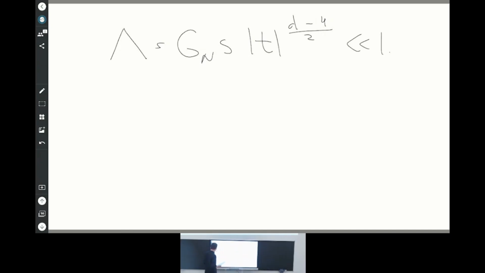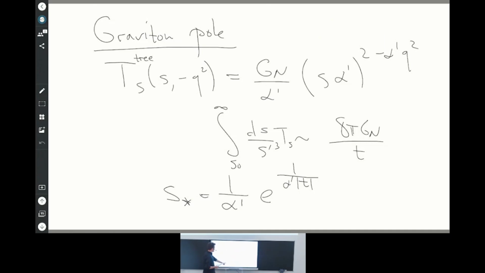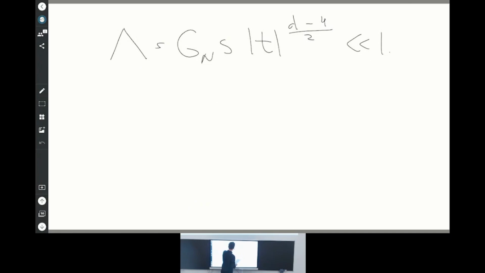And if you evaluate this integral with this S star, which if you use the tree level and you impose this condition, you find that this is a good approximation when alpha prime t is, say, could be much less than 1, because we're interested in the pole, but it has to be much larger than 1 over log 1 over g string squared.